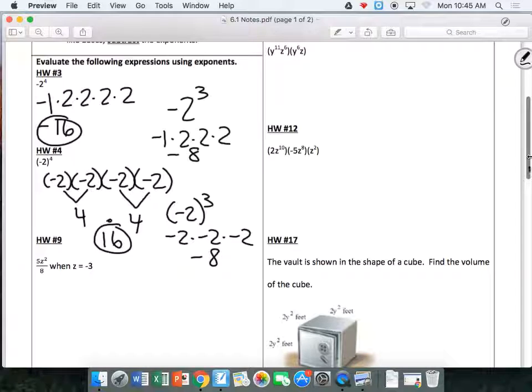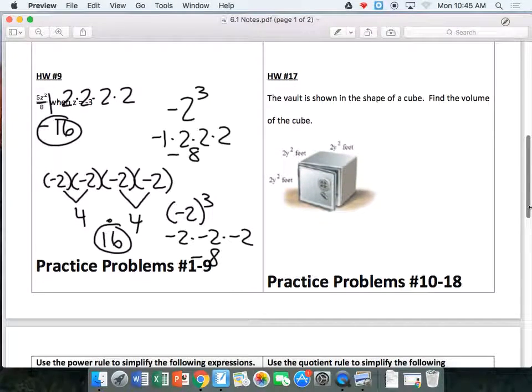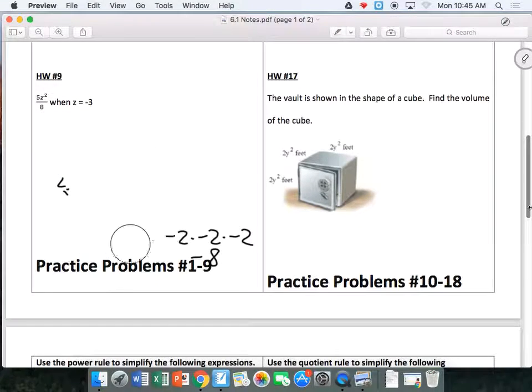Okay? All right, then you'll have problems like number 9 where we have to substitute some stuff before we can evaluate it. On number 9, we know that z is negative 3. The biggest thing when you substitute is that you put this negative 3 in parentheses, especially if it's negative.